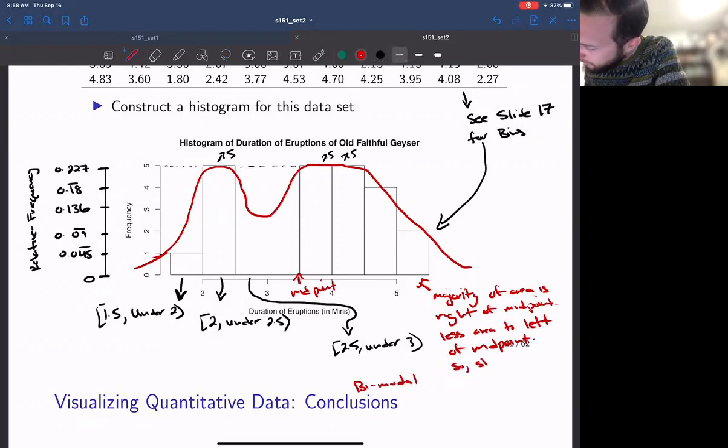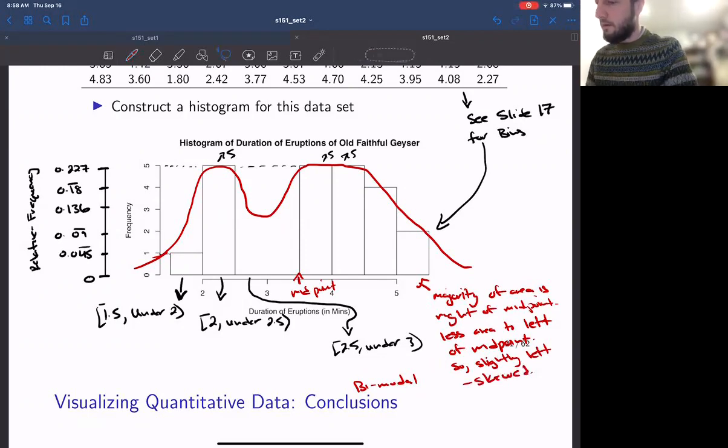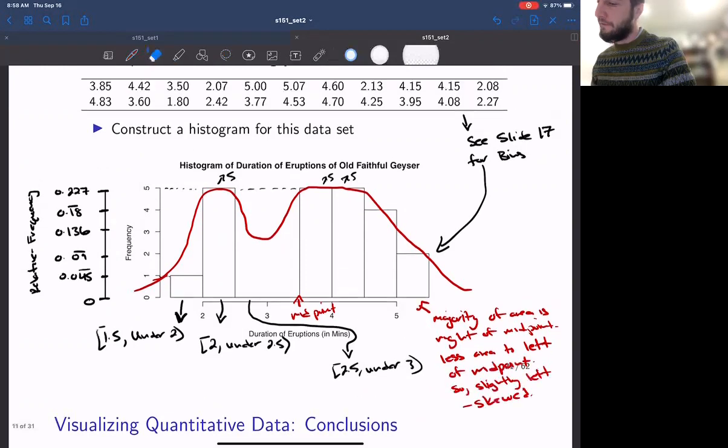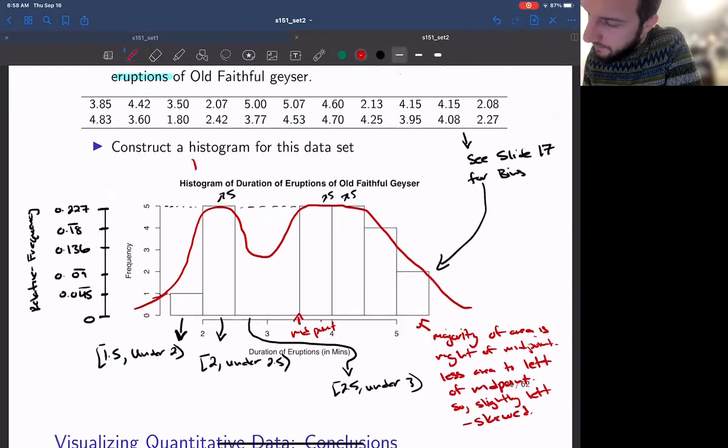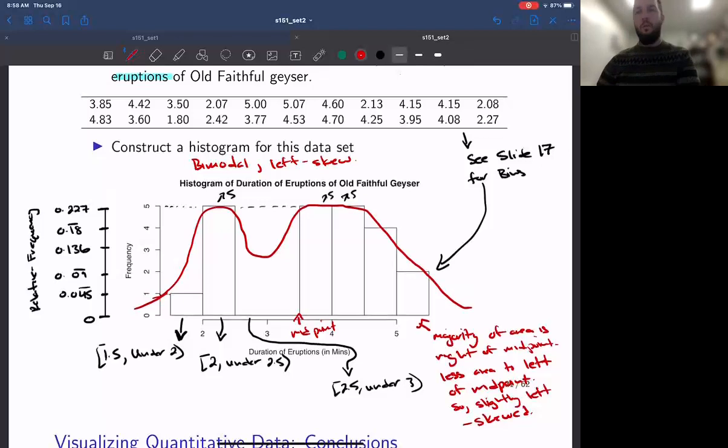So slightly left skewed. Okay. So I think that it would be fair to classify this as being bimodal with a left skew, which again, I think is hard to see because that first mode masks it.